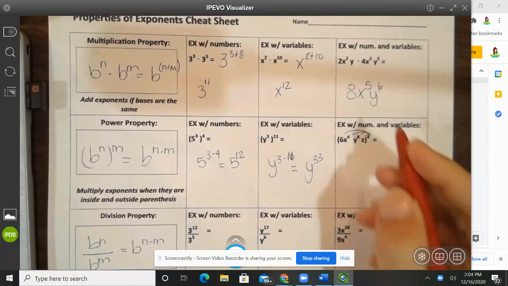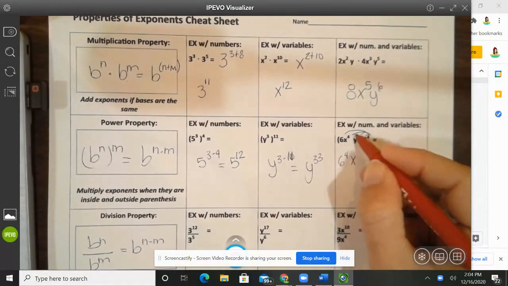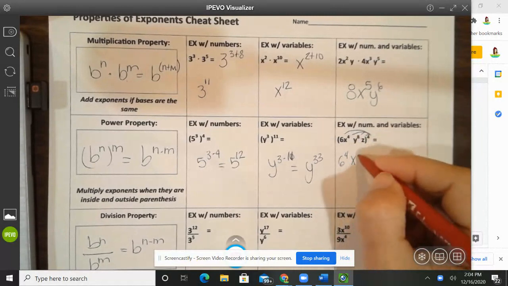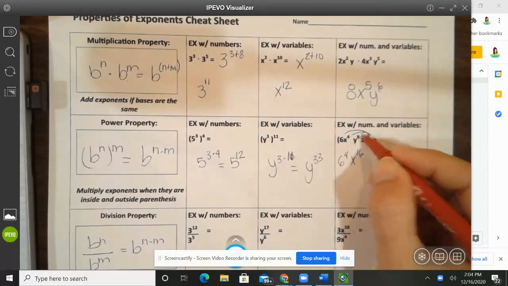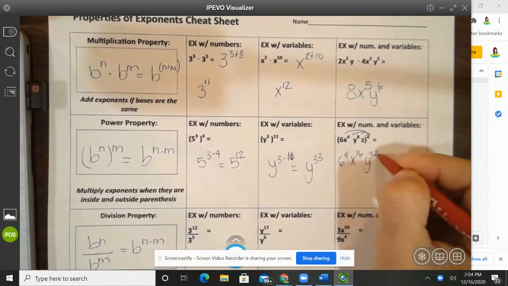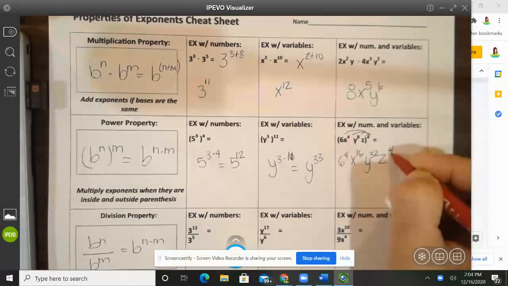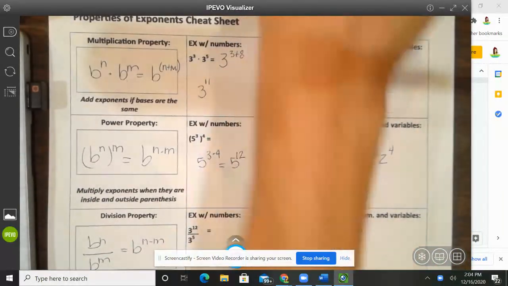So we have 6 to the power of 4. We have x, and then multiply 4 times 4. That is 16. y, and then 4 times 8, that is 32, and then z to the power of 4. So you have to simplify that. So that's 6 to the power of 4.